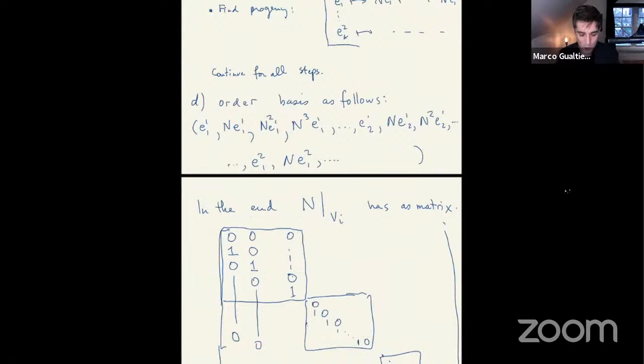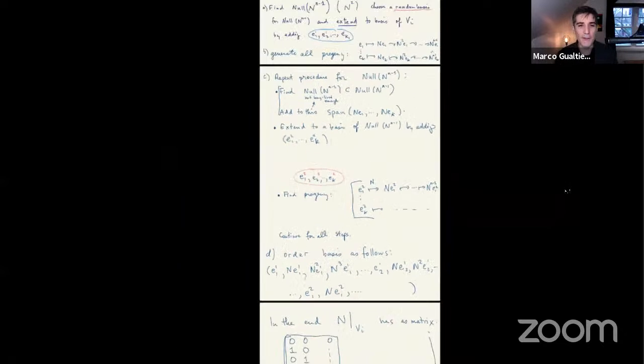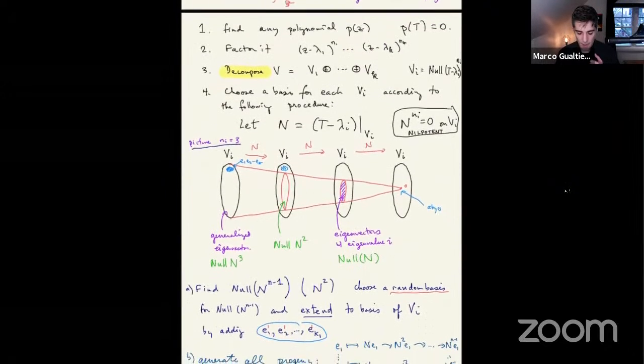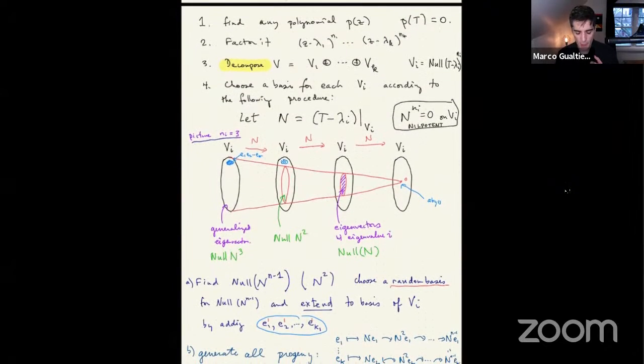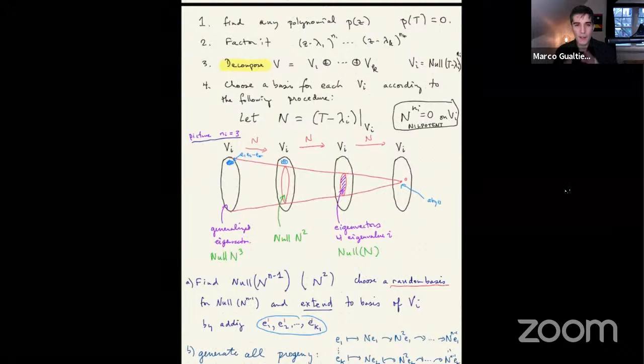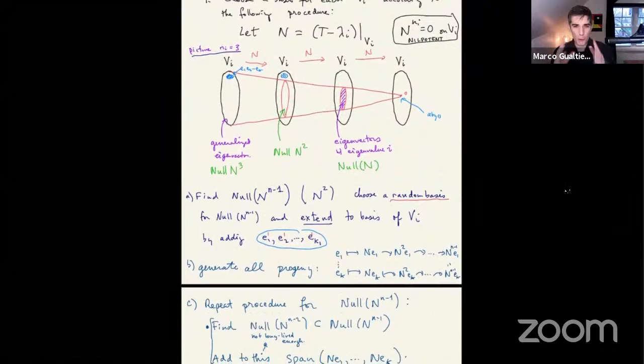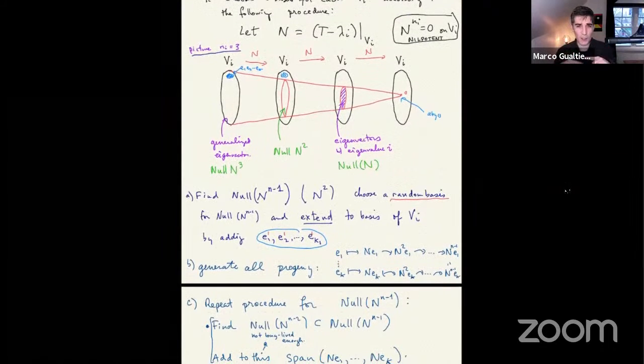So we don't really have much more time, but that's the complete logic. We need to find a polynomial that kills the matrix, kills the operator, factor it, use the decomposition theorem to separate our work into different eigenvalues and treat them all separately. For each eigenvalue, you produce this. The key is to consider this nilpotent operator, N, which is T minus lambda.